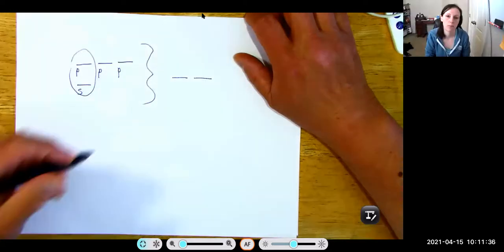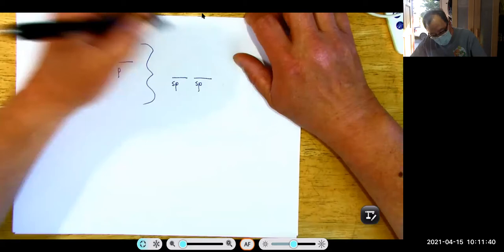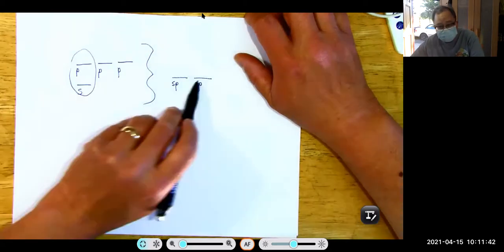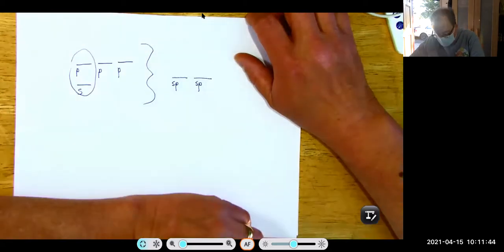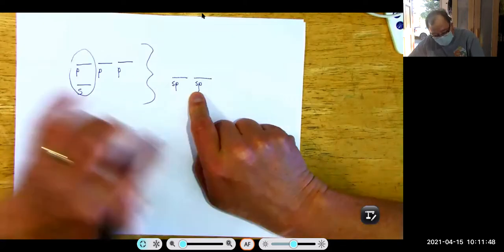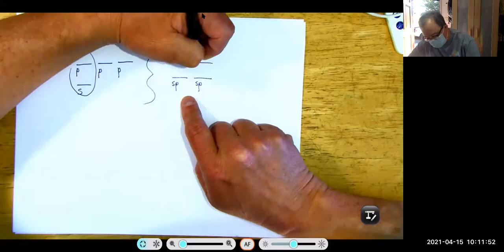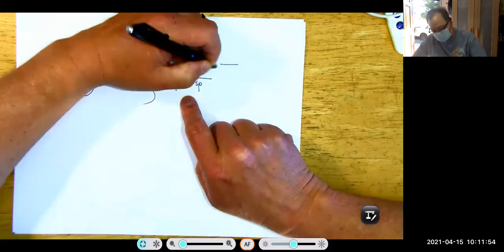So that's an sp hybrid orbital, and that's an sp hybrid orbital. When you hybridize two, you get two. And you put down the orbitals that you hybridized. So these are left behind. So I'm going to put them off kind of like this, where they were originally. They're still there.